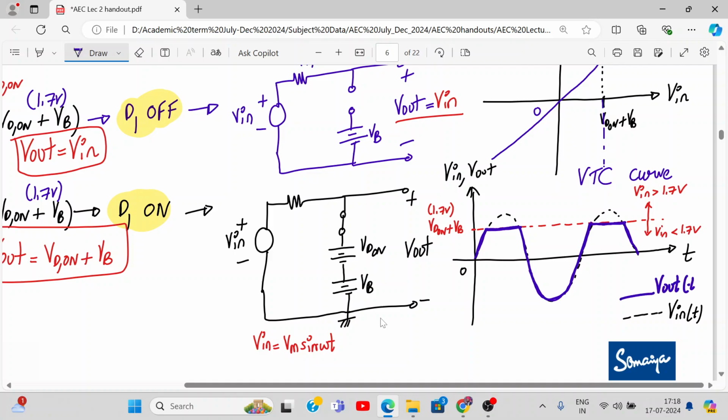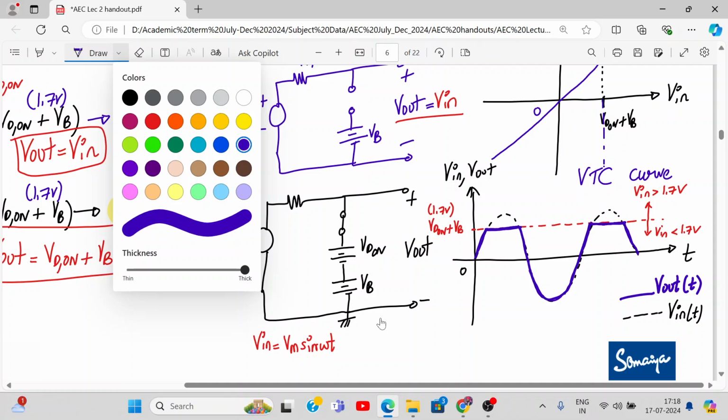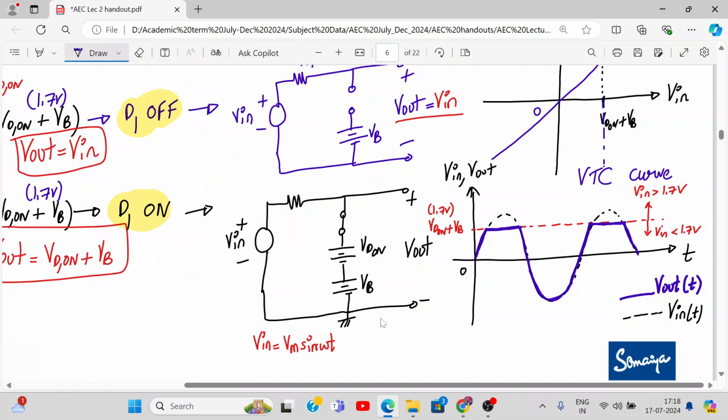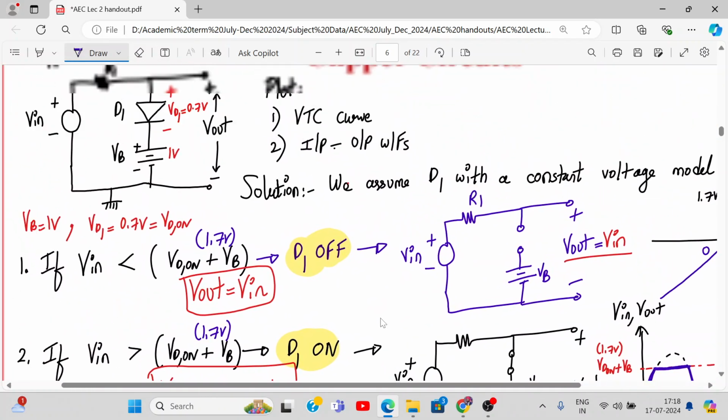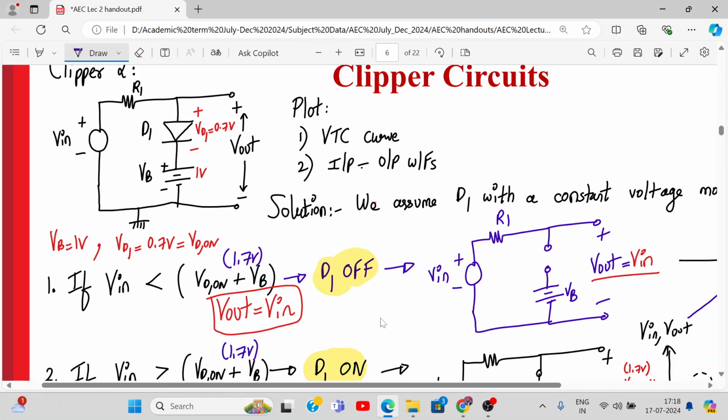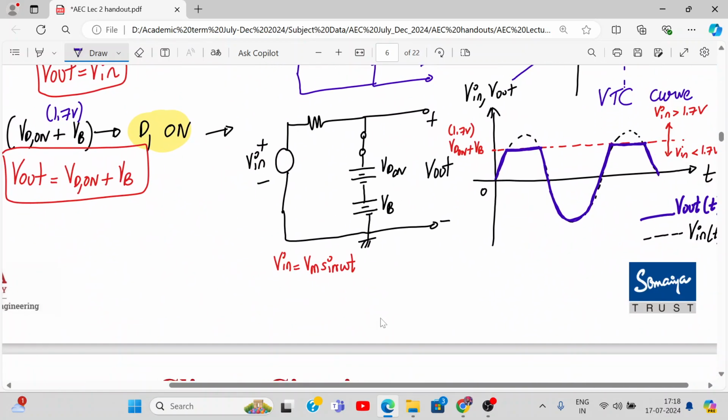What is the name of this circuit? Can anyone tell me? Is it a positive or a negative clipper? Is it a parallel clipper? Is it a biased clipper? So it's a biased parallel positive clipper. What is the name? Biased parallel.